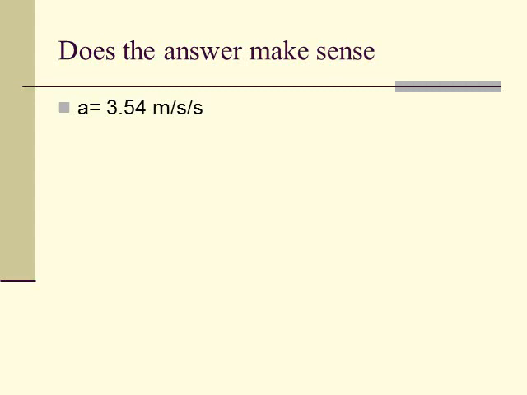Well, at most, it would be 9.81, equal to the gravitational field strength. Well, if I already know that, does an acceleration of 3.54 seem feasible for an angle of this magnitude? It seems feasible. It's within our realm of possibility. So the answer kind of makes sense, and it's trustworthy.